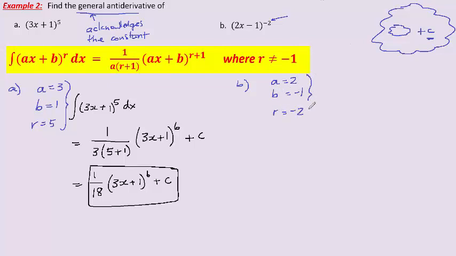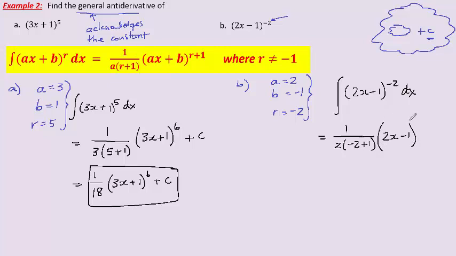So therefore, the antiderivative of 2x minus 1 to the power of negative 2 with respect to x will be 1 over a, which is 2, times r plus 1, so that's negative 2 plus 1, outside of ax plus b, that's exactly where the brackets were, to the power of r plus 1, so negative 2 plus 1.